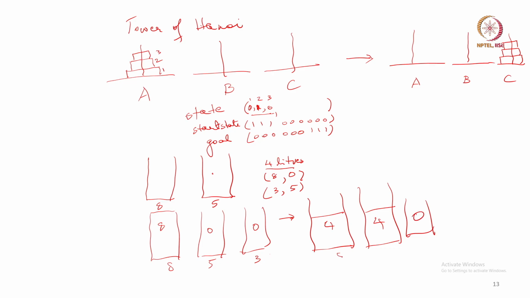So this is the 8 liter, the 5 liter, the 3 liter one. This is another formulation which you can think of. Again, you can have a state which consists of these three and the amount of water which is there in the particular jug.